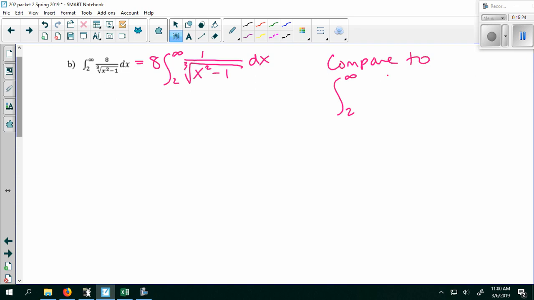This is going to be 1 over x squared cube rooted, which is the same thing as x to the 2/3. Does that converge or diverge? It diverges because p is less than 1. We're going from a positive number to infinity of 1 over x to the p, and p is less than 1, so this diverges.